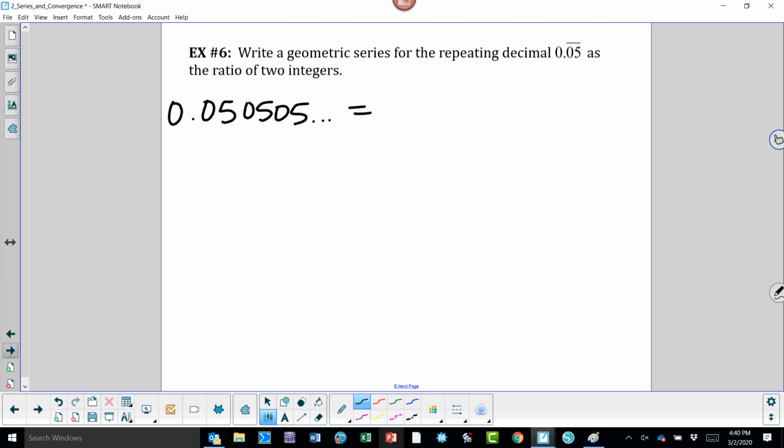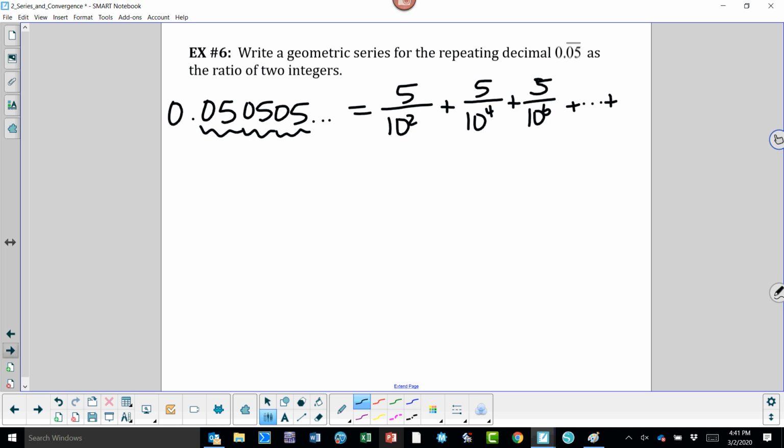What that would equal is, if you look at that, 5 over 10 squared. And then the next part you have to add to it would be 5 over 10 to the 4th. And then you'd have to add another 5 over 10 to the 6th, and so on. And that's what the series would look like, and it would continue on forever and ever.